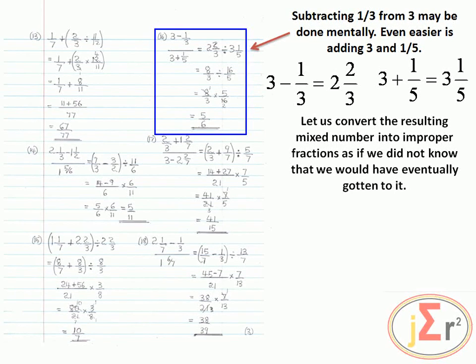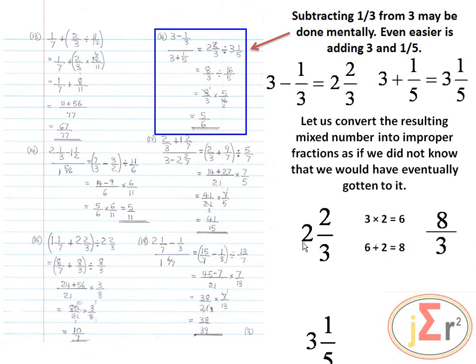But that is refutable, because no matter where we go, we all return to the same thing, converting mixed numbers to improper fractions. So we have 3 2s are 6, and then plus 2 is 8, 8 over 3, and then the other one is 3 5s 15 plus 1 is 16, 16 over 5.